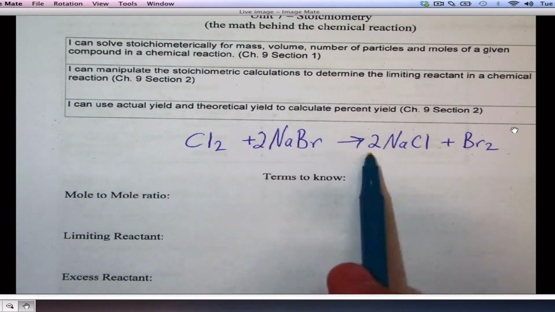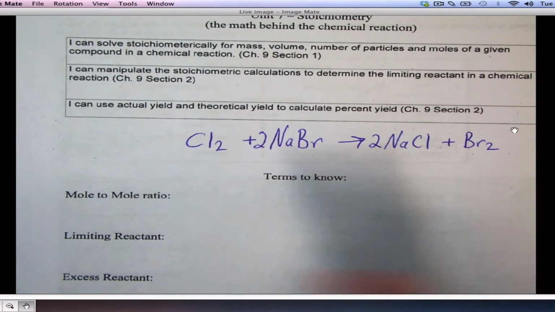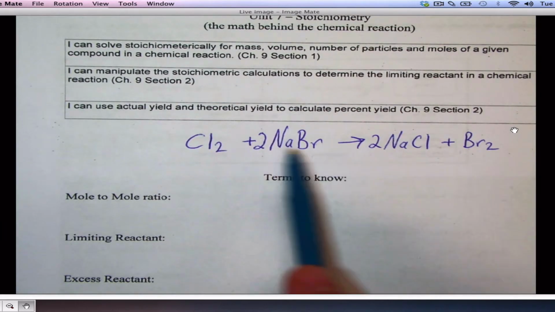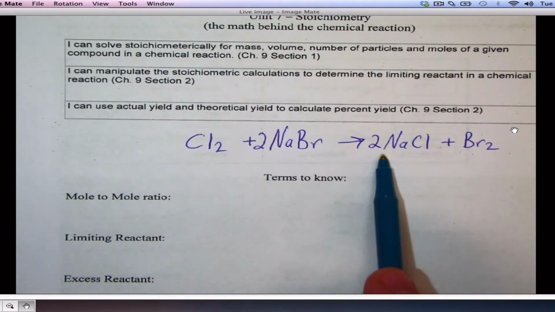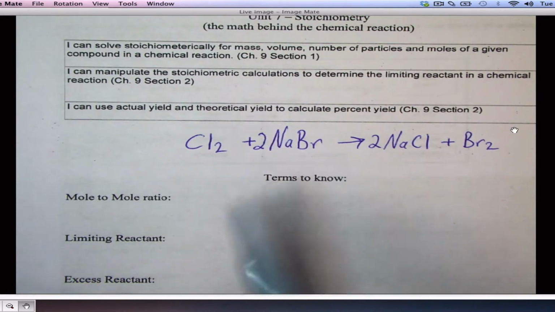So we have a 2-to-1 ratio, whereas if we had the mole-to-mole ratio of chlorine to bromine, it's a 1-to-1 ratio. Notice the coefficients, 1-to-1. They're not written, but they're understood. And then a 2-to-2 ratio between NaBr and NaCl, which would just reduce down to 1-to-1. And then a 2-to-1 ratio, and so on and so forth.